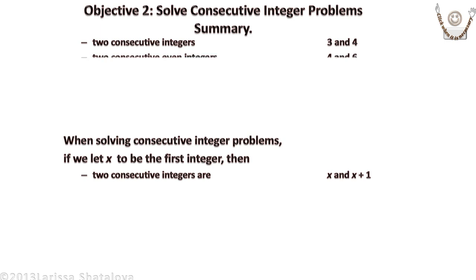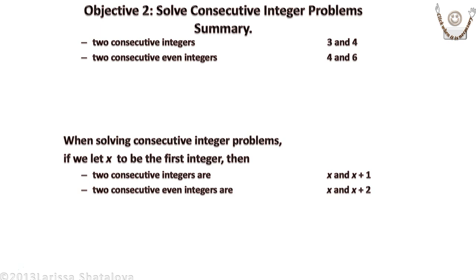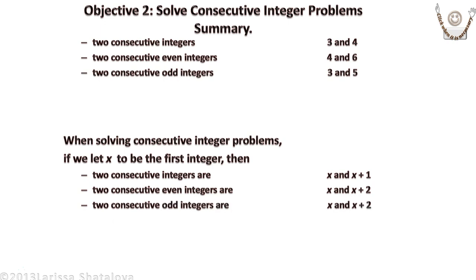Two consecutive even integers, like 4 and 6, we can show as x and x + 2. Two consecutive odd integers, like 3 and 5, we can show as x and x + 2, the same as even integers.